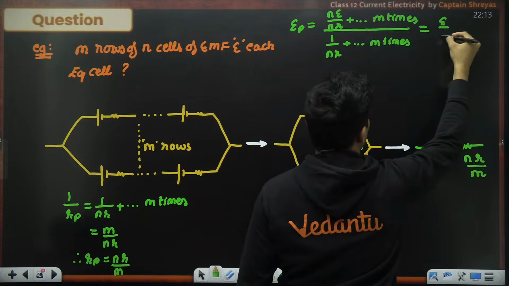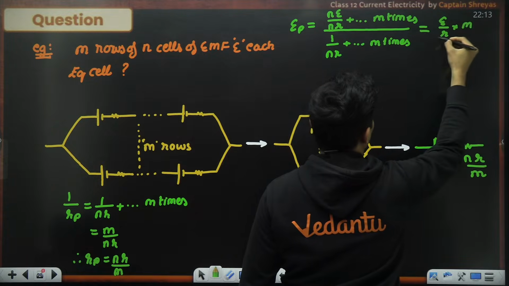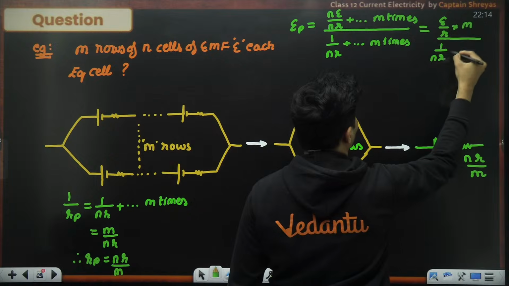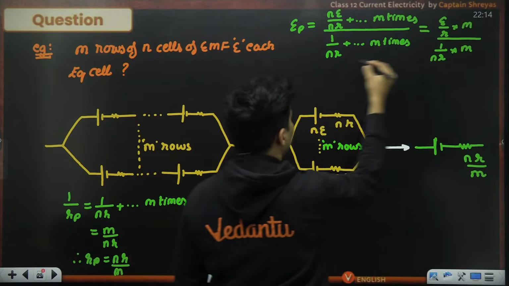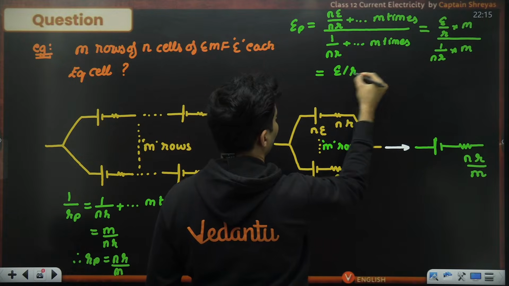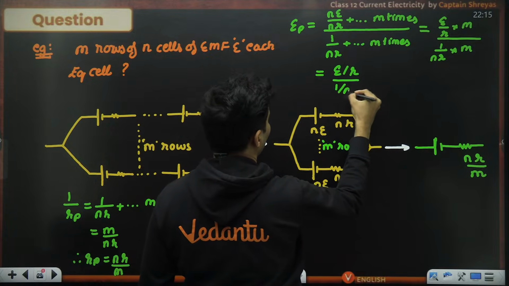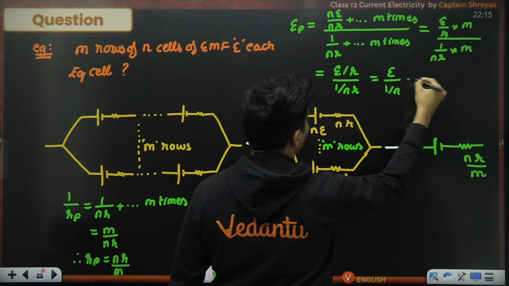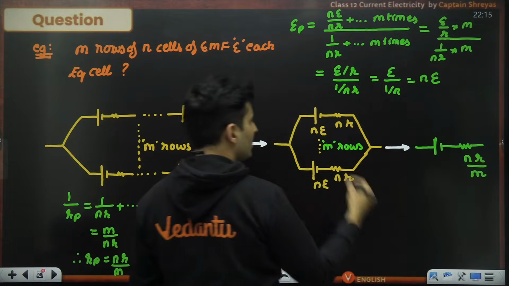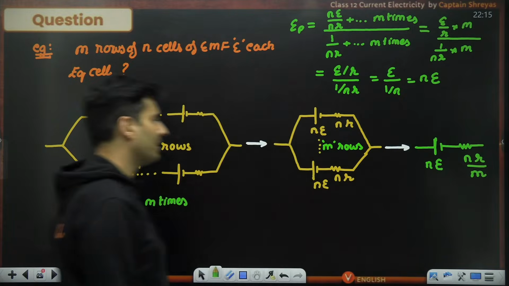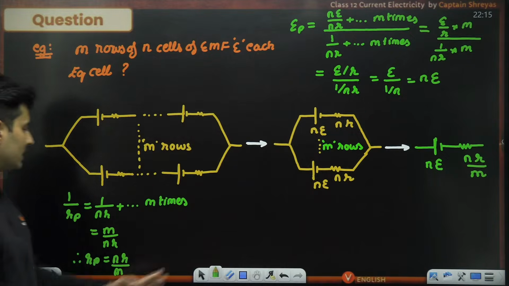It will be E by R multiplied by m, whole thing divided by 1 by nR multiplied by m. m cancels, do you notice? So this was nothing but E divided by R, and this was nothing but 1 divided by nR. R cancels, so this will be E divided by 1 by n, so it will just be n times of E. This will be nE. Perfect. Now it is okay. Yeah, this is the right answer.